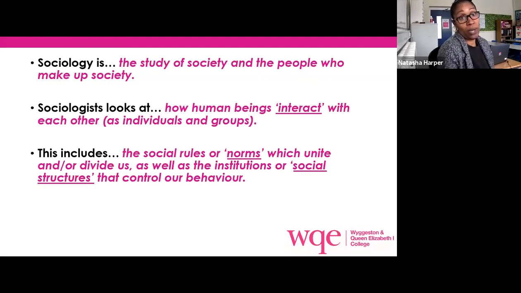We wouldn't know how to navigate our way through society, through life, okay? So essentially what sociologists look at are these norms and values that glue us together as communities. And there are various institutions in society that help us to navigate our way around life. We call these social structures, and that's really the basis of today's taster lesson.